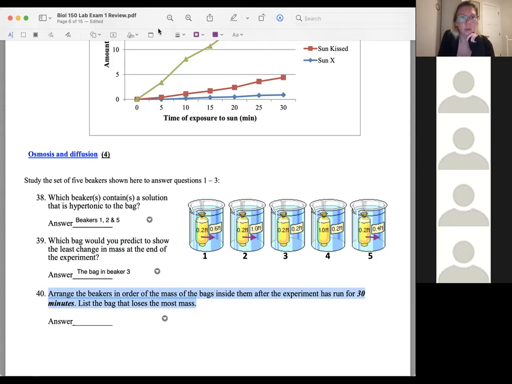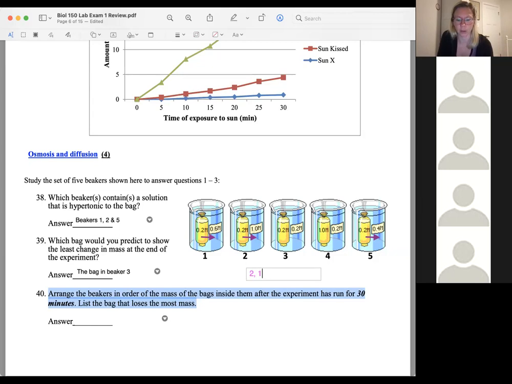That is exactly the order that I got as well. Let's put a little text box here. Yes, so 2 has the greatest difference between these 2 solutions. So the water is going to leave this bag faster and rush into this beaker solution because there's a greater deficit between these 2 molarities.